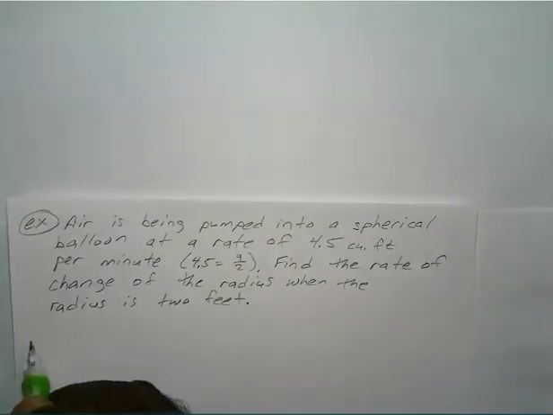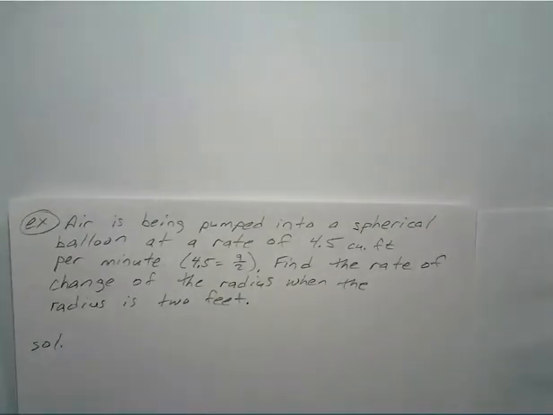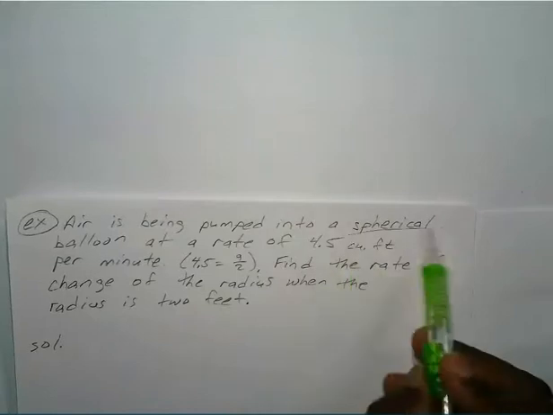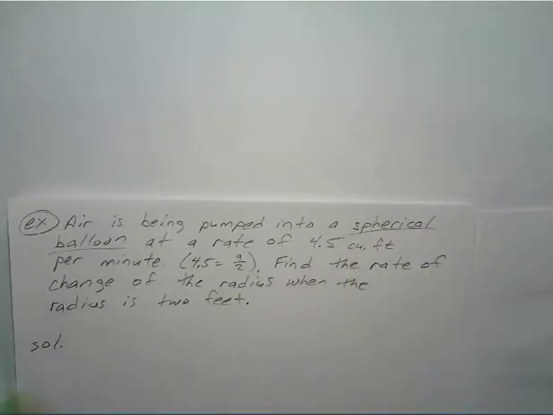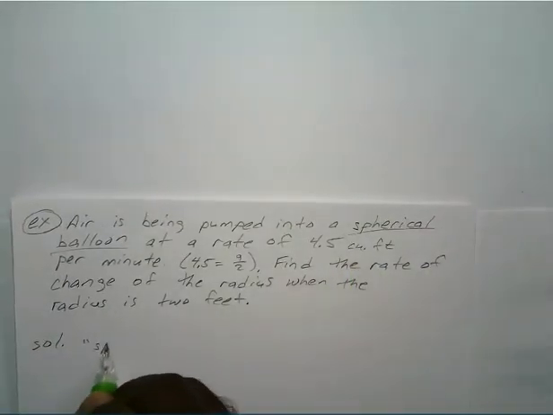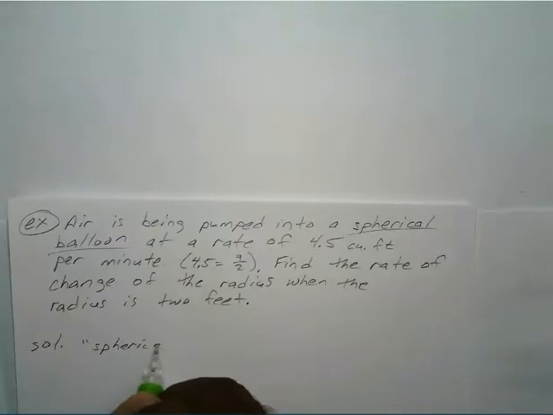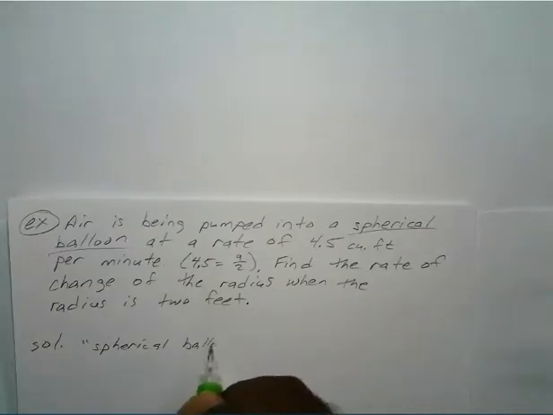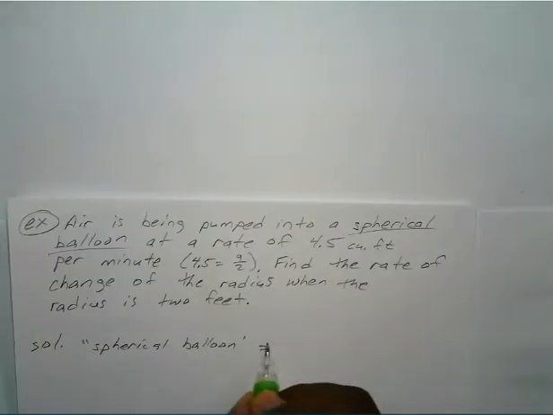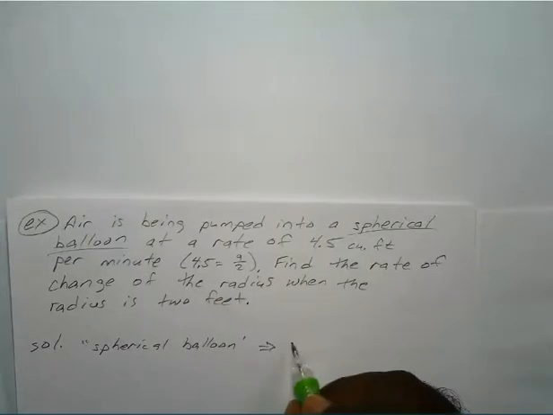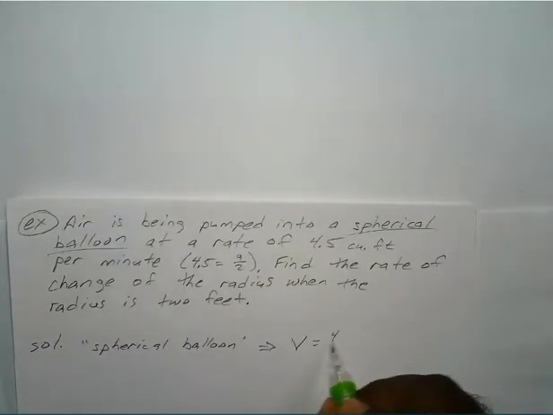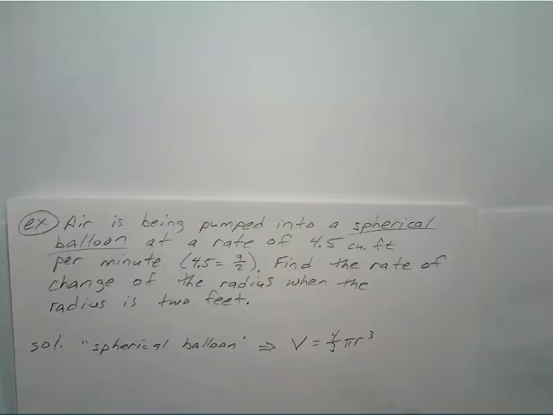All right, so the first thing we notice is that it's a spherical balloon. Okay, so when we see spherical balloon, we know we want to use that volume is equal to 4/3 times pi r to the 3rd power, because that's the volume of a sphere.